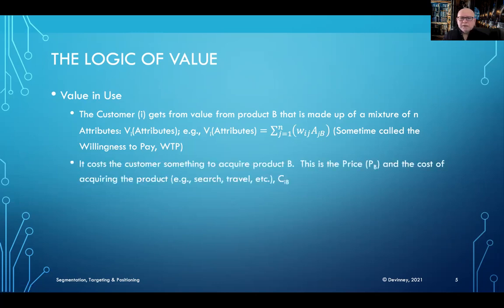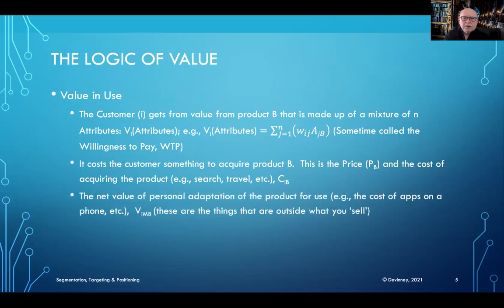Okay. So if you think about the consumer as having a cost of acquisition, so that the price of the product plus the cost of acquiring the product, you can think about the customer as having an adaptation cost and value. In this case, we talk about the net value.